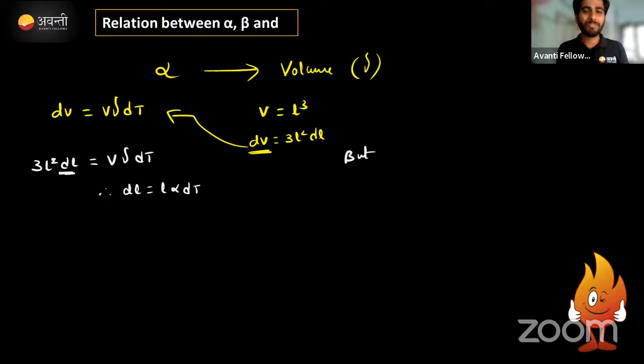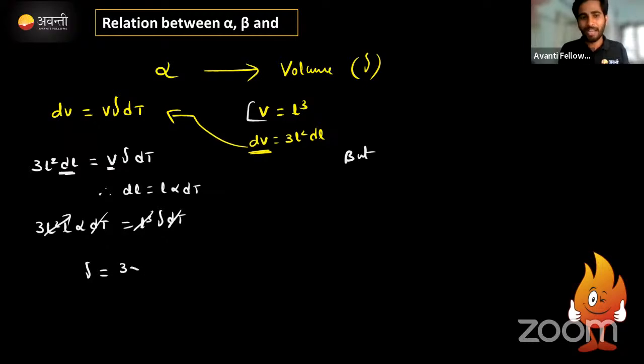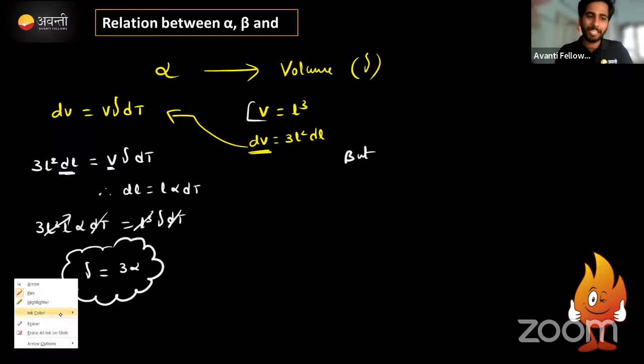It's the linear expansion one. Substitute here. In place of dL, 3L square into L alpha dT is equal to the right hand side, where V is nothing but volume. Volume we can write as L cube, which I already took. That's why L cube gamma dT. Here L square into L cube, both cancel, and then dT cancels. Then the gamma value comes out to be 3 times the alpha. Hope it is clear for everyone, right?